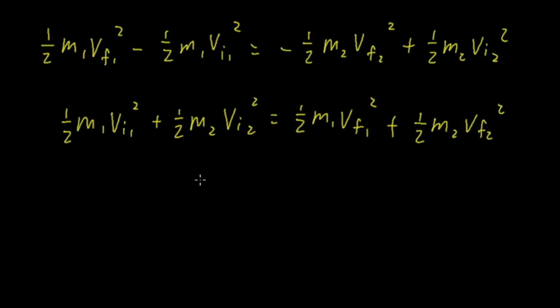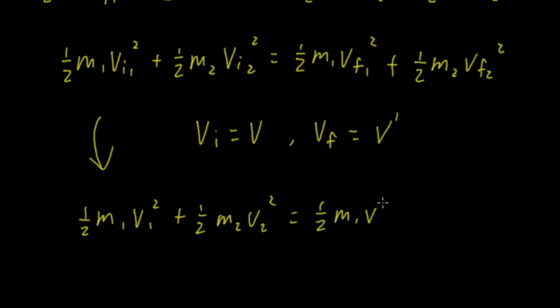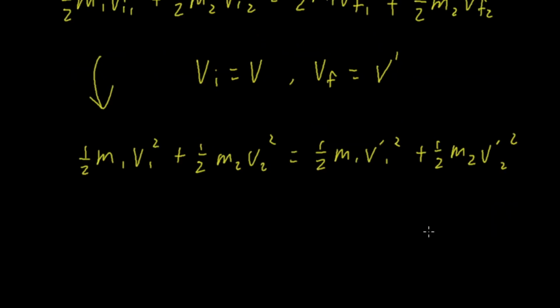Again, if you want to write v initial as v and v final as v prime, you can rewrite this as half m1 v1 squared plus half m2 v2 squared equals half m1 v prime 1 squared plus half m2 v prime 2 squared.